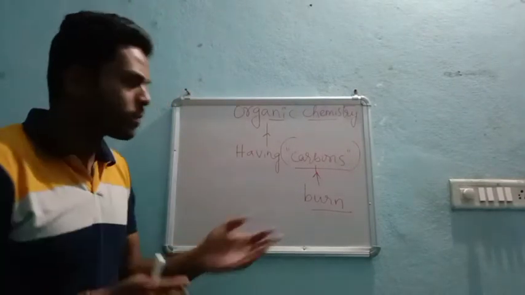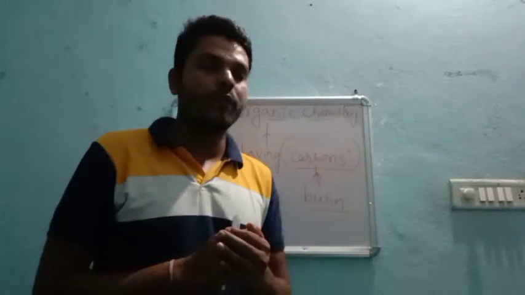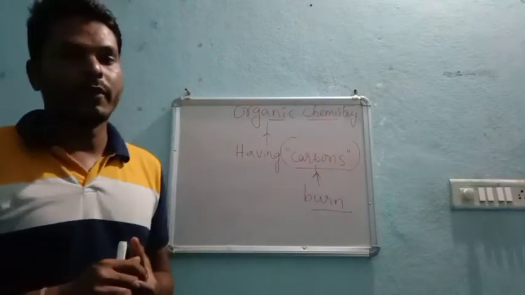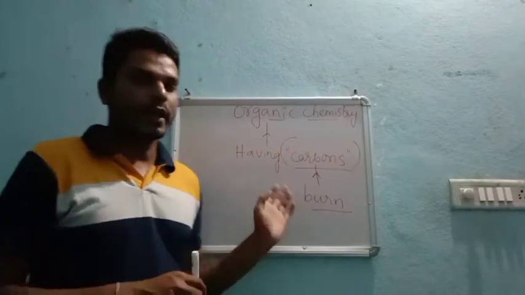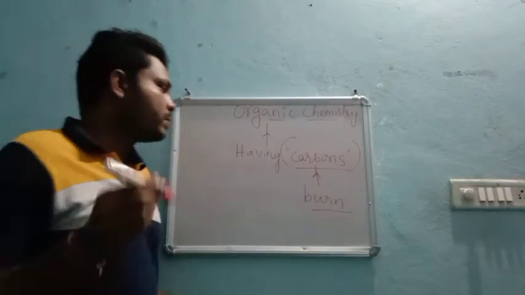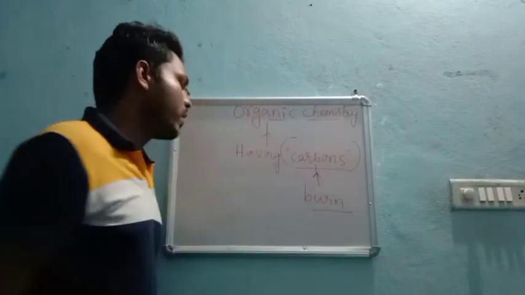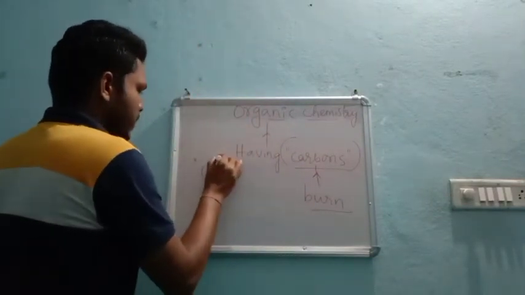A simple experiment we can do: if we burn the thing and it starts burning, then definitely we can say that compound is an organic compound or organic matter. So organic chemistry totally depends on carbon.